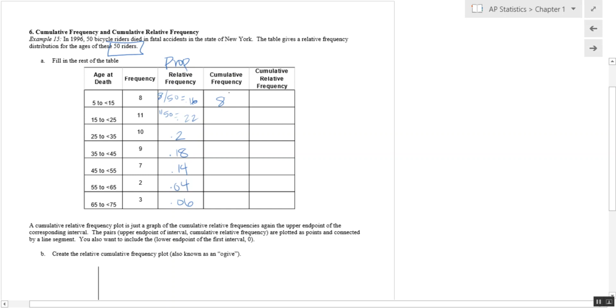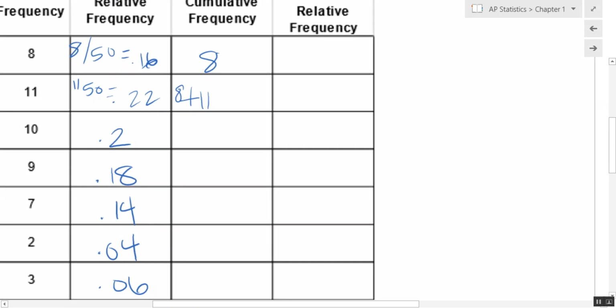Okay. But now when we get to 15 to 25, this is really 15 to 25 and everything below that. So here we're going to be adding the counts from both of the things below it. So 8 plus 11. Okay. So we get 19.